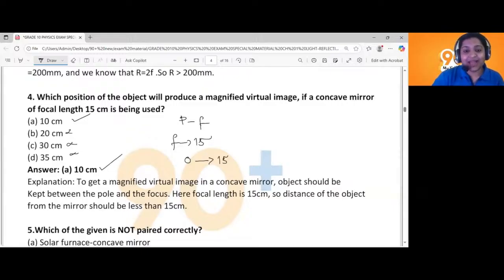Because 10 centimeter lies between 0 to 15 centimeter. To get a virtual image, we have to keep the object in a concave mirror between the pole and focus. If focal length is 15, the range of distance is between 0 and 15. Here it is 10 centimeter. Okay. Very, very important type of question.